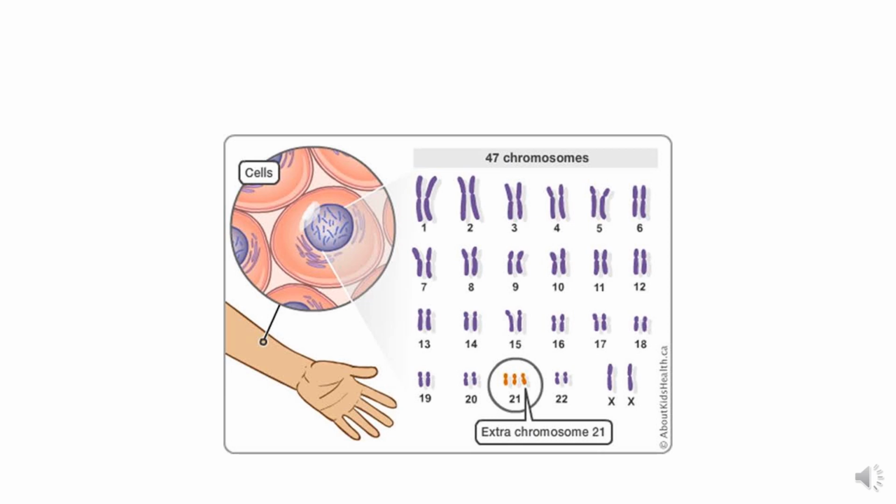Now on 21 there are three copies: 1, 2 and 3. And that leads to the syndrome.